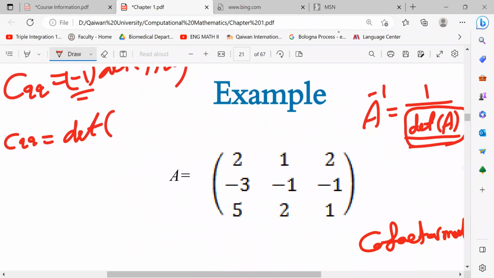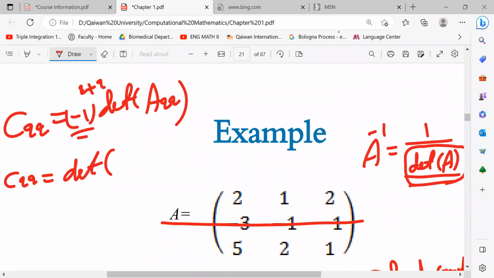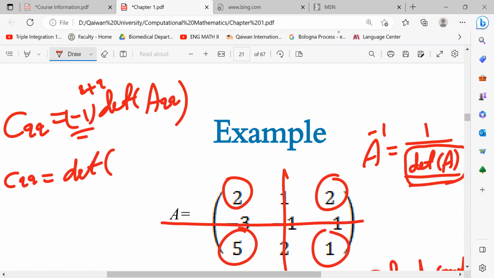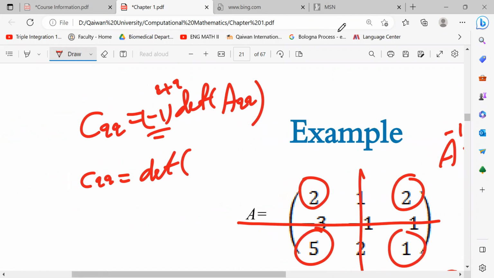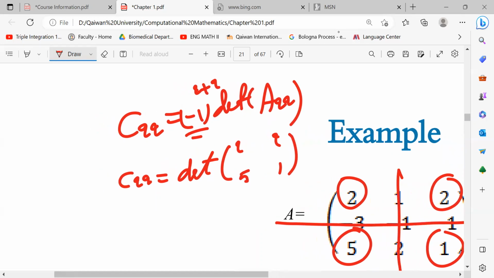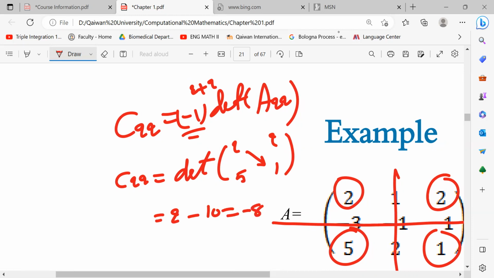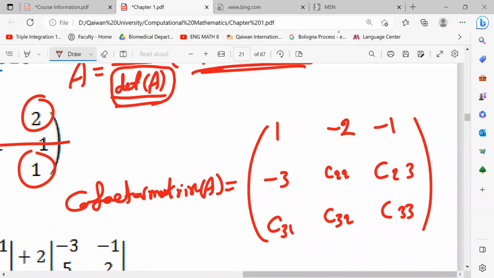Removing the second row and second column, we get these elements: 2, 2, 5, 1. The determinant of this 2 by 2 matrix is 2 times 1, which is 2, minus 5 times 2, which is 10, so it is -8. And this is -8.